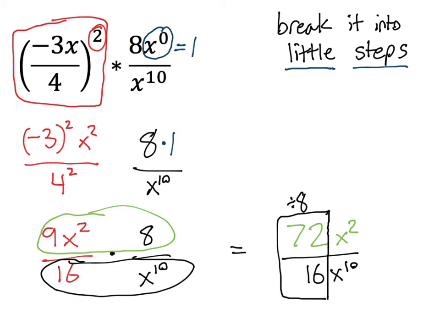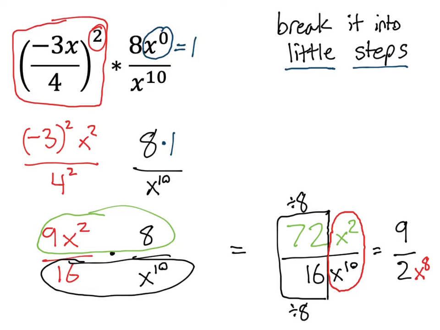So we can divide the numerator and denominator by 8, and we get 9 over 2. Then looking at our variables, using the quotient property of exponents, when we're dividing, we will subtract those exponents. 10 minus 2 is 8, and x to the power of 8 is in the denominator of that fraction because the bigger exponent was in the denominator.